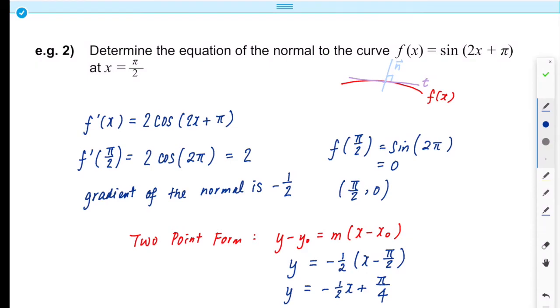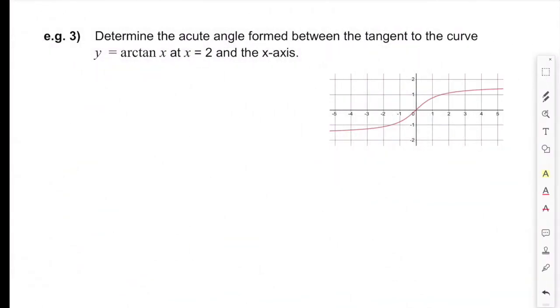Now take a look at example 3 on the next page. Here we have example 3. Determine the acute angle formed between the tangent to the curve of y equals arctan x at x equals 2 and the y-axis.